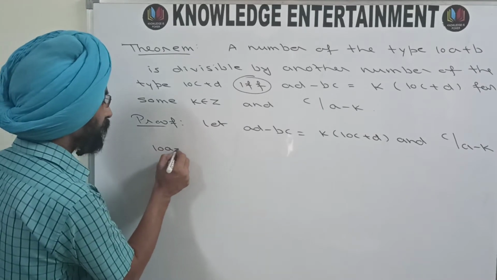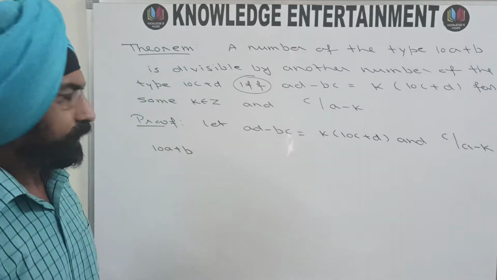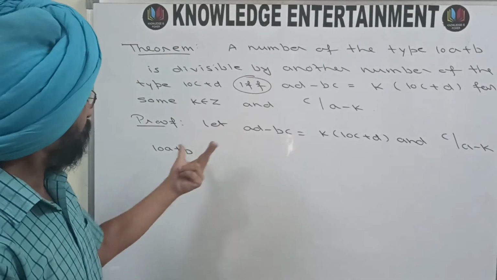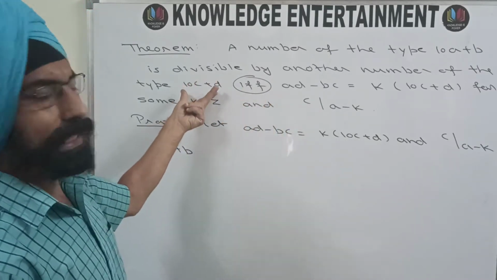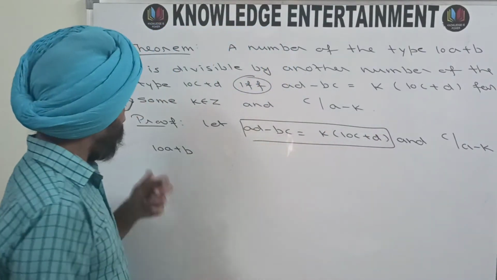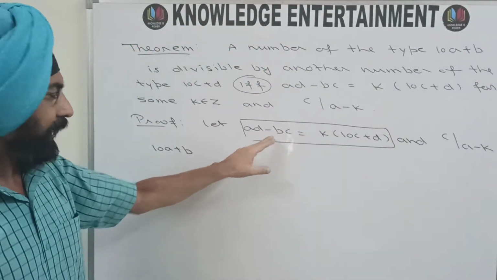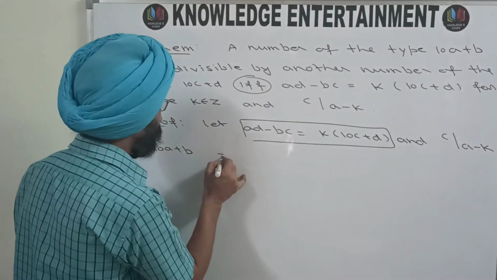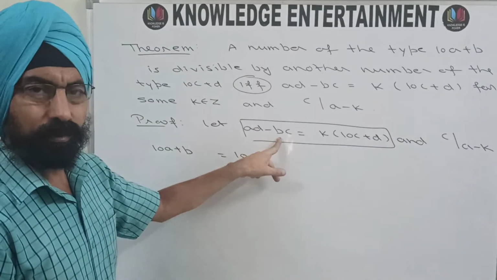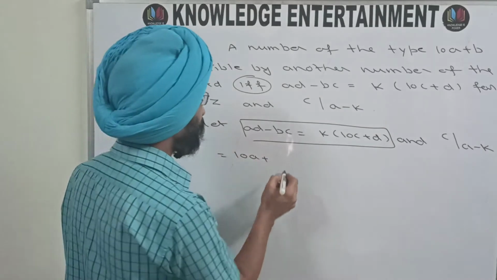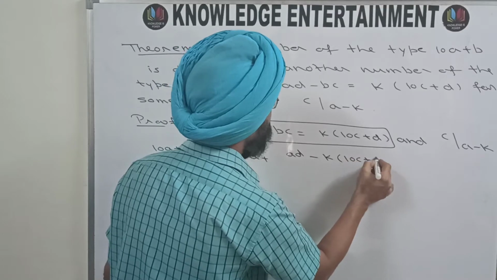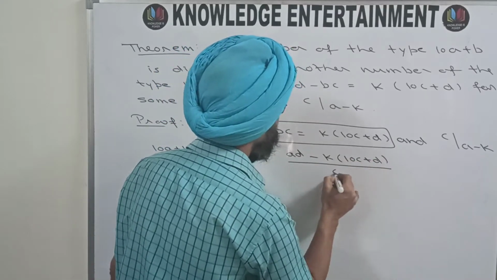So what is 10a plus b? We are to show that this 10a plus b can be expressed as (10c plus d) times something. Once again, from here, take out the value of b and substitute. So it is 10a plus b, and for b, from this equation you can find the value of b. It is (ad minus k(10c plus d)) divided by c.